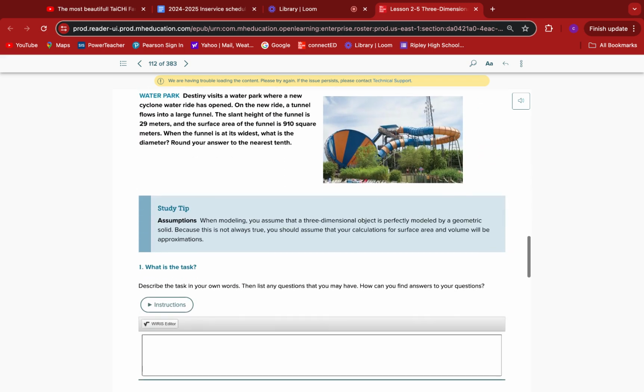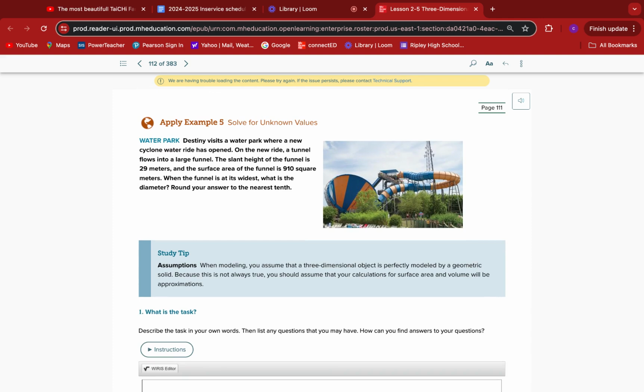All right. Okay, so I'm done with that page, 111. Turn the page to 112. Okay, so example number 5 is just a bunch of words. All right. Water park. Destiny visits a water park where a new cyclone water ride has opened.